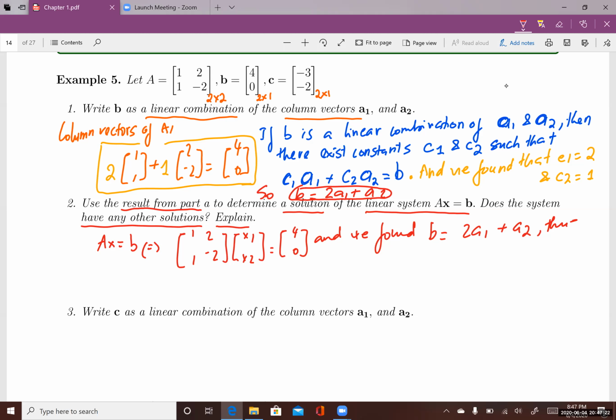First, x1 equals 2 and x2 equals 1 is a solution for AX equals B. If you plug in x1 equals 2 and x2 equals 1, you will get 4 and 0, which is B, right?